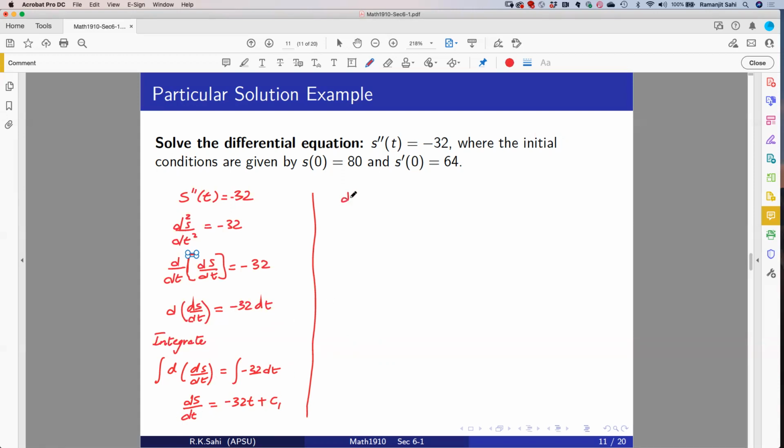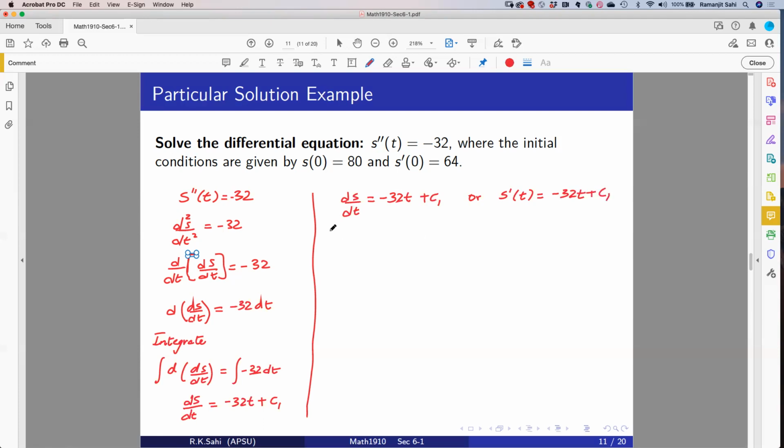So ds over dt equals -32t plus c1, or I can write this as s prime of t equals -32t plus c1.